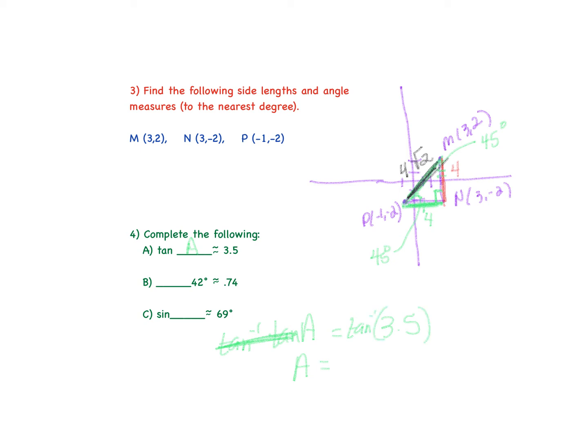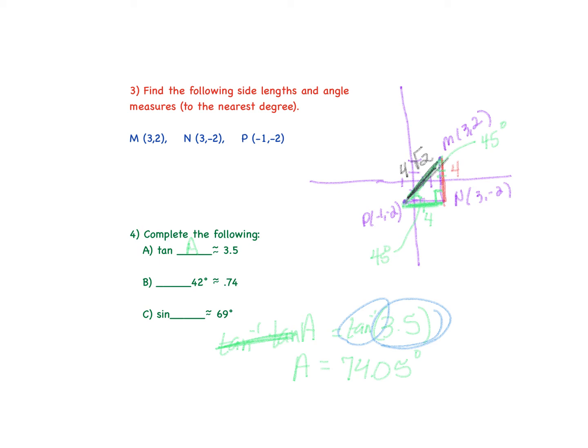So the inverse tangent of 3.5, so second tangent 3.5, and I get 74.05 degrees for angle A. If you have the iPad calculators, you're going to type in the 3.5 first and then the inverse tan, and you should get 74.05.